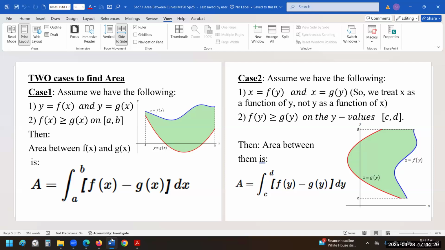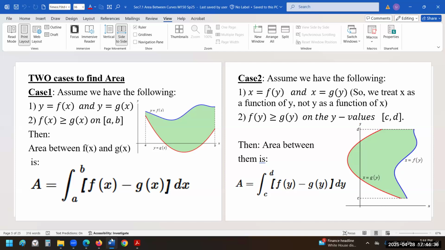Take the antiderivative, evaluate the limit for those two y values. So if y is independent, our limit has to be the y values. If x is the independent variable, our limit has to be the x values.